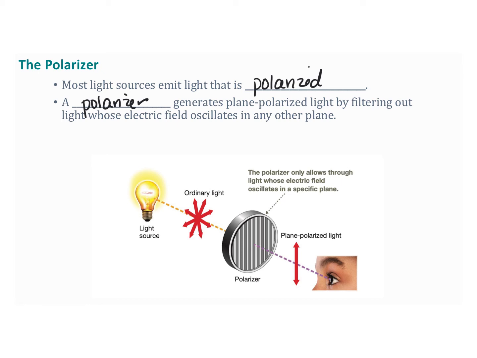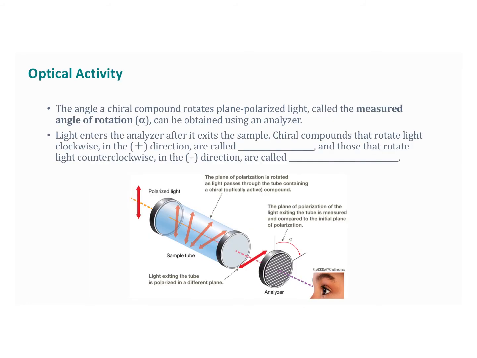We said previously that once you get plane polarized light like this, enantiomers will rotate it in different directions. So what happens here is you take plane polarized light and pass it through a sample of a compound, and depending on whether the compound is chiral or achiral, it will rotate, okay?